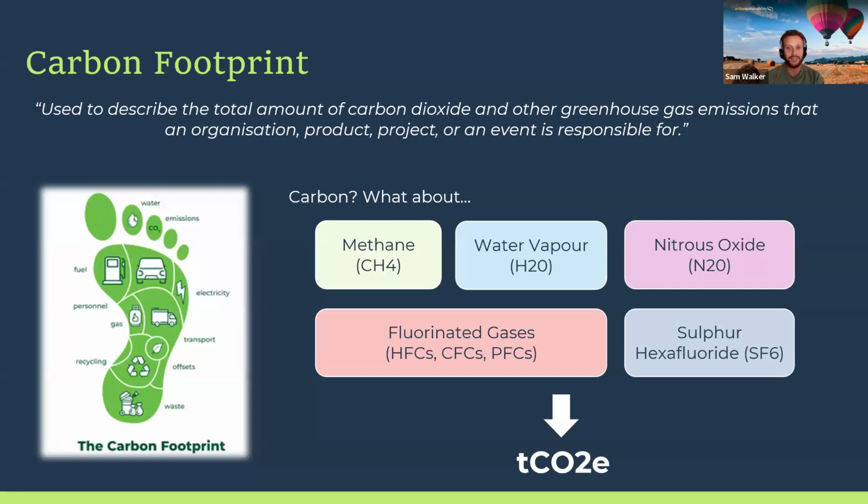And what that does is allow us to come up with a common unit, which makes communicating our carbon emissions and our impacts on climate change a lot easier, especially to stakeholders. So it's really vital that as organizations, we are starting to measure our carbon footprint, and we are talking about it.